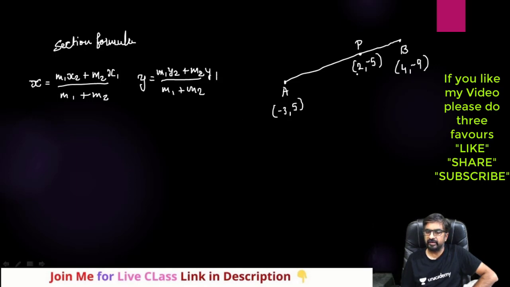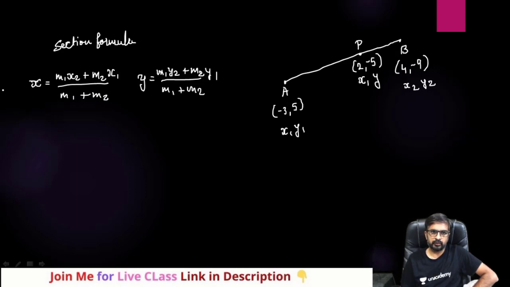Now we have the values; take these as X1 Y1, X2 Y2, and this will be X and Y. So out of this, from any one of these formulas, directly you will get the answer. But if you want to check, then you can check with the second one also. Let me show you how.